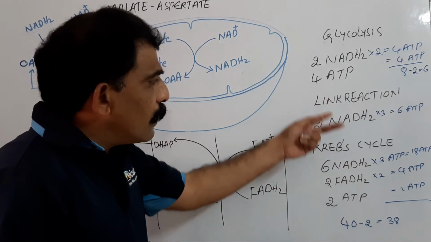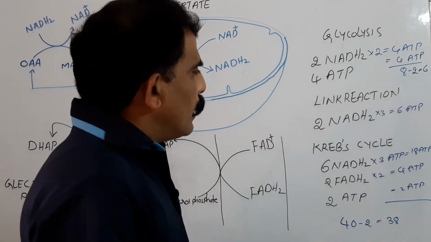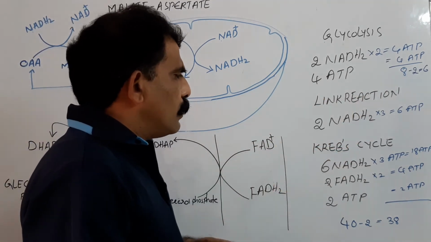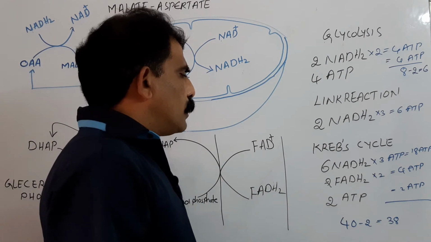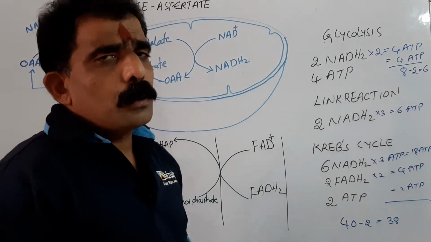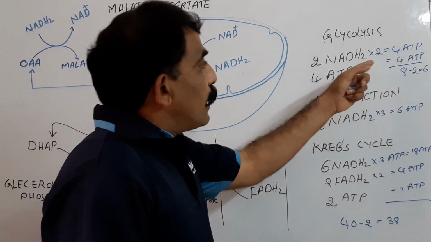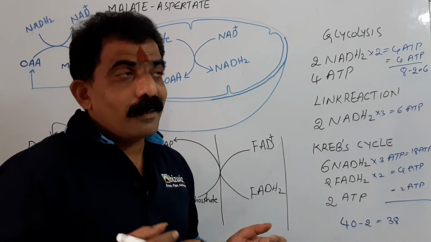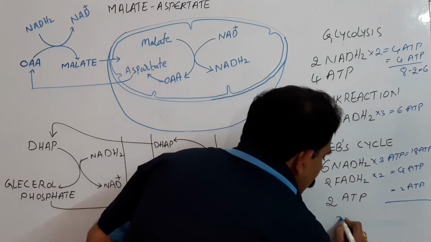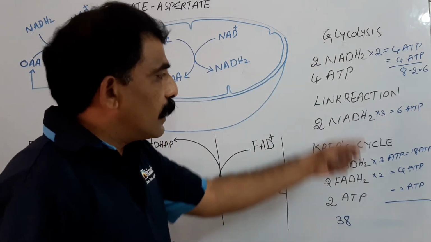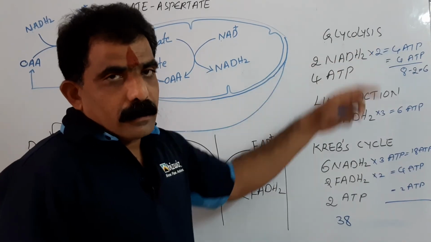And in the Krebs cycle and connecting link reaction, it is the same as usual. In the link reaction, 6 ATPs are formed. In the Krebs cycle, 18 ATPs result from NADH2, 4 ATPs from FADH2, and 2 ATPs are directly produced through substrate level phosphorylation, together 30. Total ATPs formed are 38, because 30 in the connecting link reaction and Krebs cycle together and 8 in glycolysis itself.